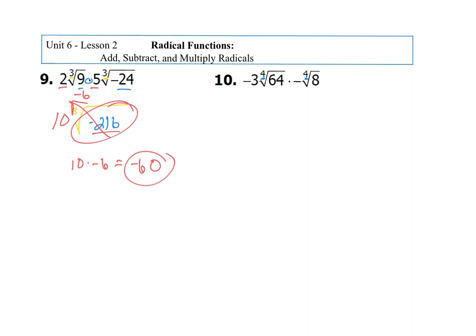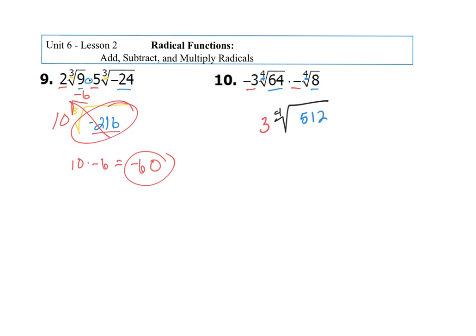Okay, number 10, we have 2 fourth root houses. So we're going to use our perfect fourths to help us, but again, I had to make sure those matched before I start multiplying. So underneath, I am going to make a fourth root house, and my outsides are negative 3 times negative 1. So that's going to make a positive 3. Underneath, I have 64 times 8, which is 512.